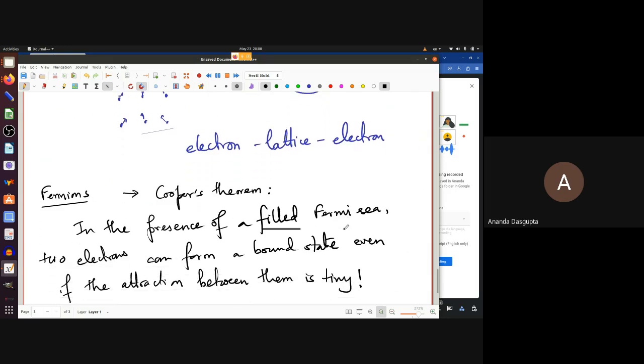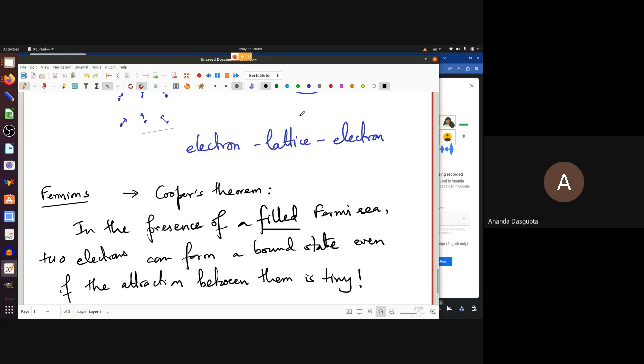Because electrons are fermions, you have the Pauli exclusion principle, which means in a filled Fermi sea, all energy levels below the Fermi momentum are unavailable to form a wave function of the system. And in such a situation, you can prove that a bound state formation can occur. So this is a rather delicate scenario where, because electrons are fermions, you have a problem in the first place, and the solution to that lies in the fact that the electrons are fermions.